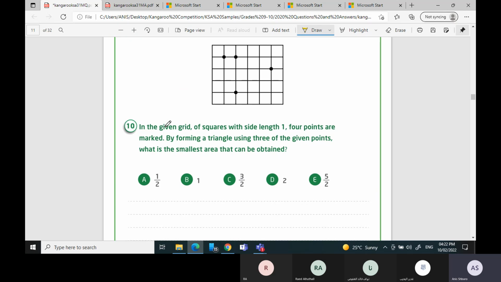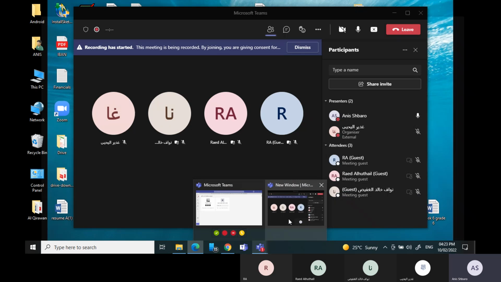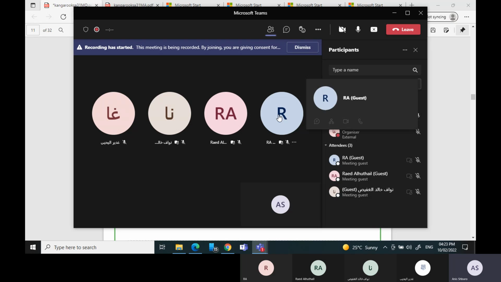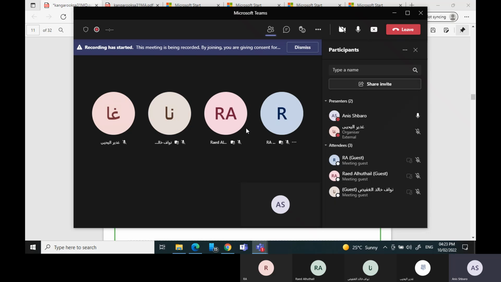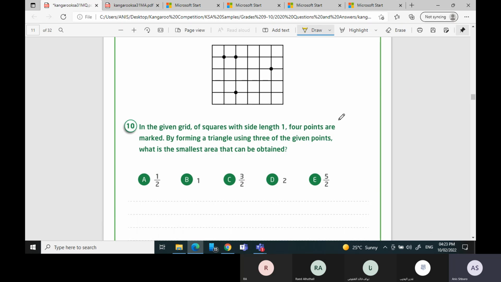Okay, so in the given grid of squares, someone is named RA, and can you please help me with this one? Should I read, teacher? Yes, please.